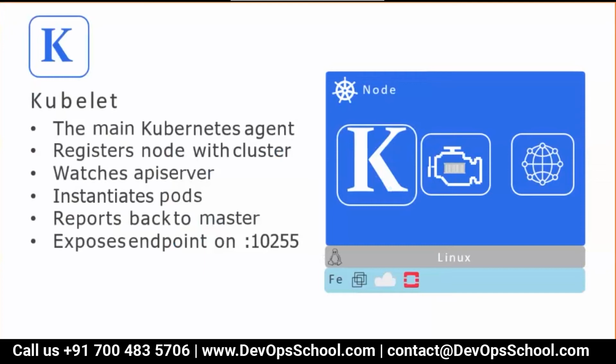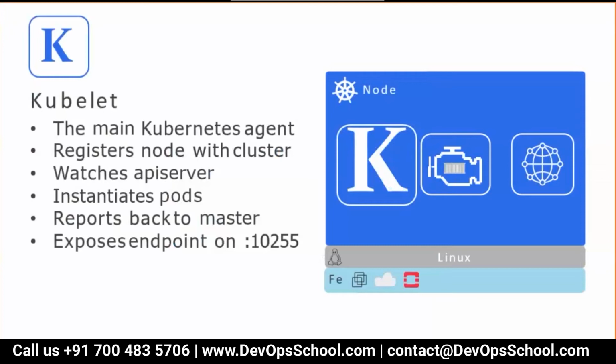So guys, kubelet is the Kubernetes main agent which is running, I repeat, running in each worker. And because of kubelet only, the worker is a part of the cluster. When I say cluster, that means the Kubernetes cluster.